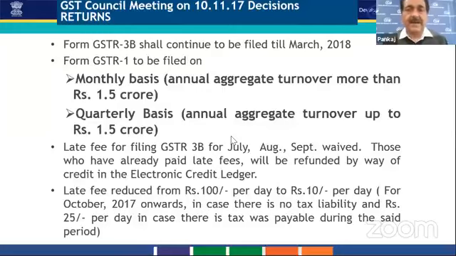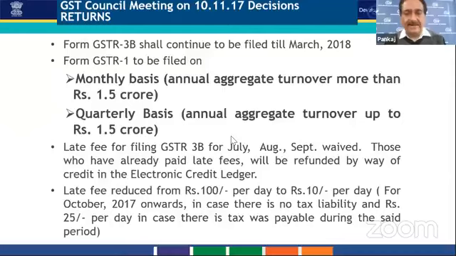So I would repeat that the late fee for filing GSTR 3B for July, August and September has been waived. And for those who have already paid late fee at the time of filing their GSTR 3B return, there are provisions for recrediting to their ledgers the amount which they have paid as late fee, to that extent only.